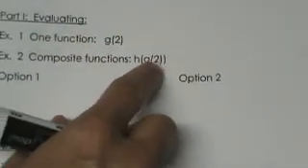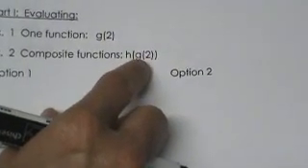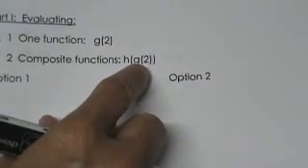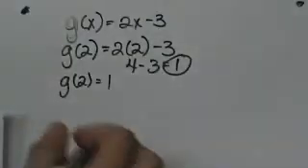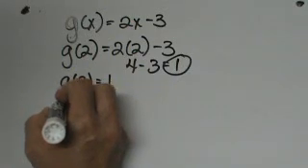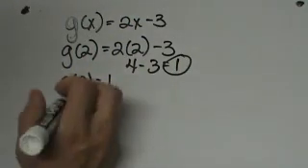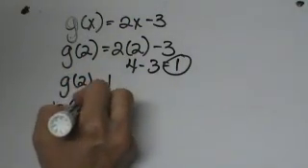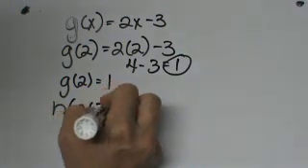Okay, so we're starting with option 1, which is just to evaluate one function at a time. So I'm going to take the answer that we just got, which is a positive 1, and I'm going to plug it into the h function. So let's go up here, identify the h function. So we figured out that g of 2 is equal to 1. Now we're going to do h of g of 2.